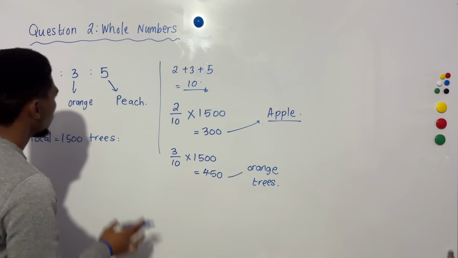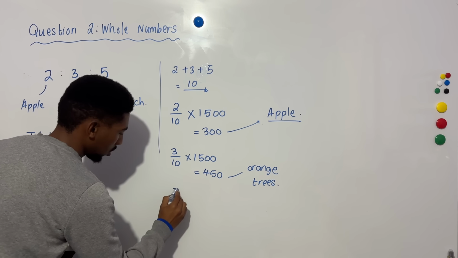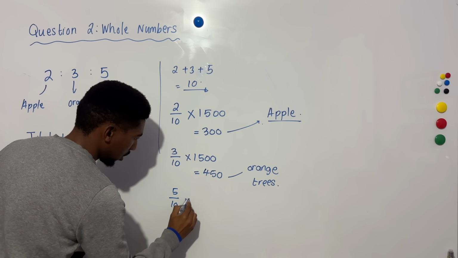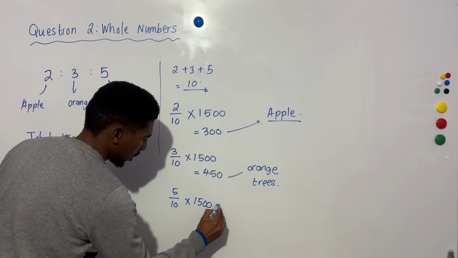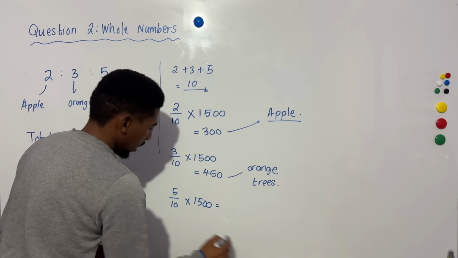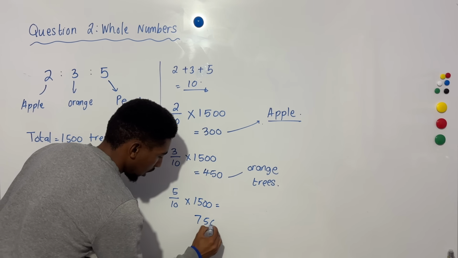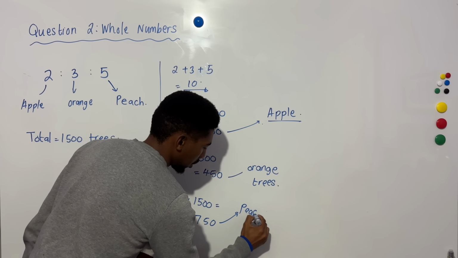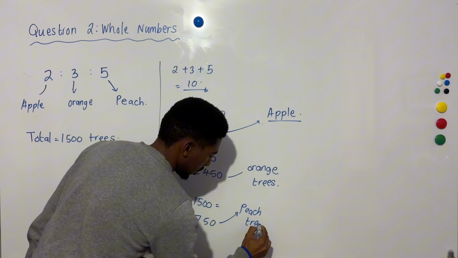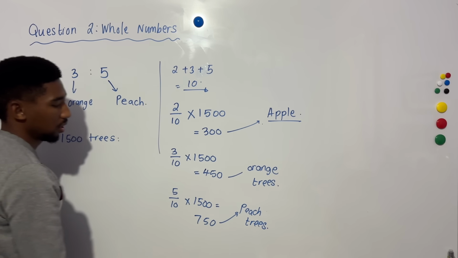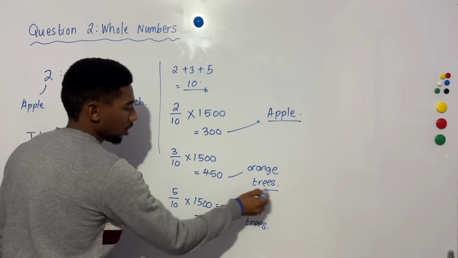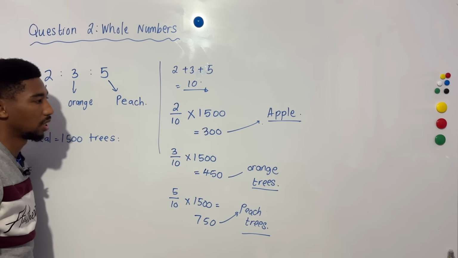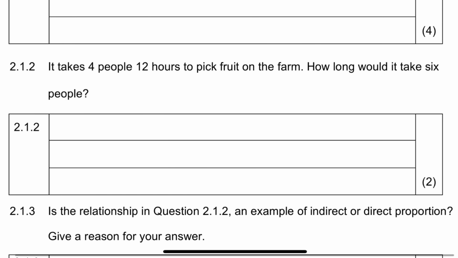And now, simply for our peach, we're going to say 5 over 10 times 1,500, and that's equal to 750. That is our peach trees. It's important that we label each of these as we go along in answering your question in the exam. Okay, so let's have a look at 2.1.2.